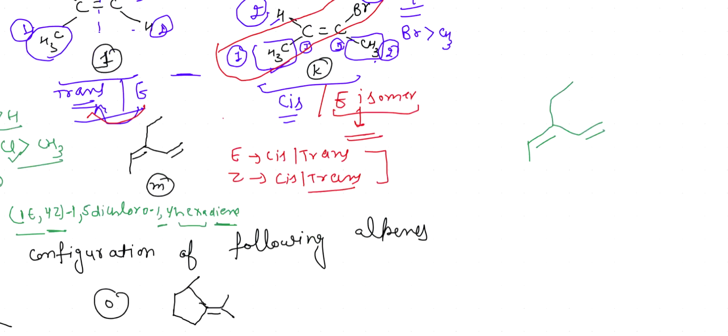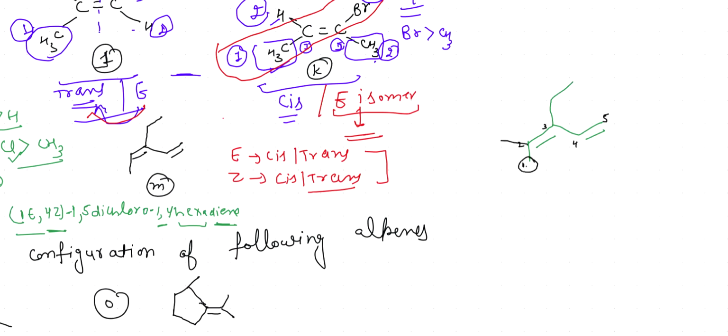First of all, just number these atoms: 1, 2, 3, 4, 5. There is a double bond present between carbon number 2 and 3. Carbon number 2 has different substituents: one is a methyl group and the other is hydrogen.